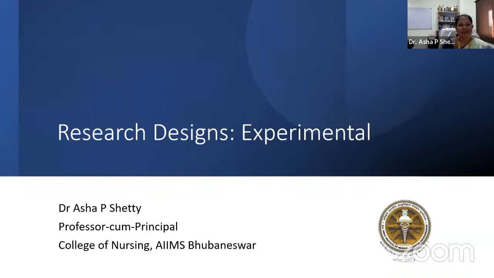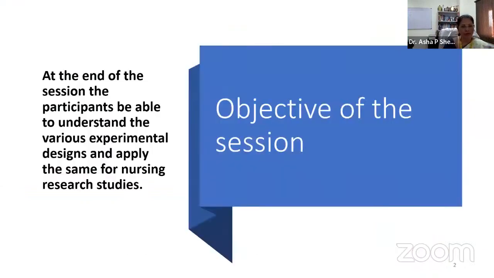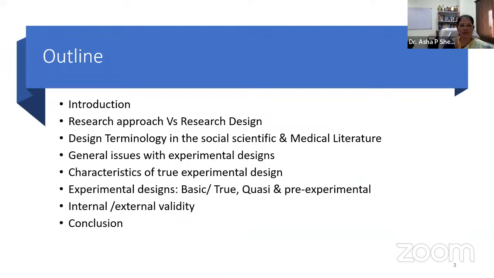Once again, I welcome all the participants, and I'm very happy to see a good number of participants on this platform. Today's objective is that at the end of the session, the participants will be able to understand the various experimental designs and apply the same for nursing research studies. The outline of today's session goes like this.